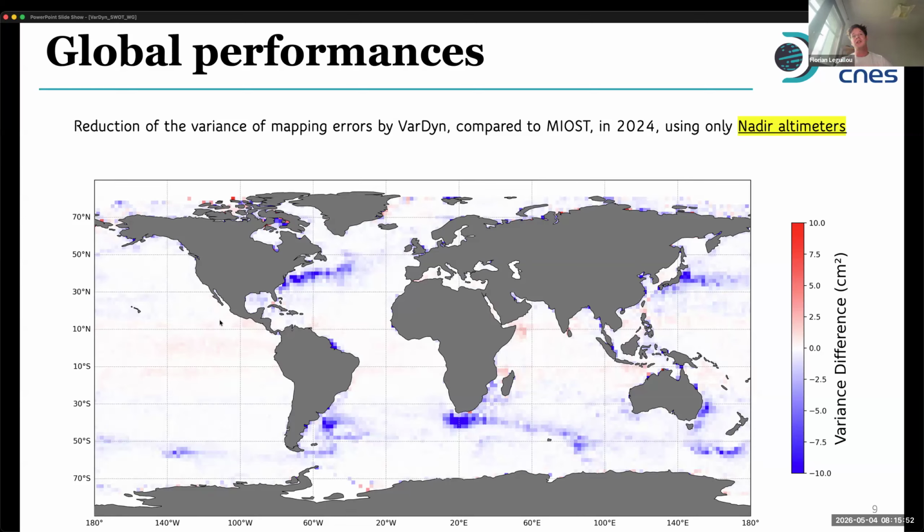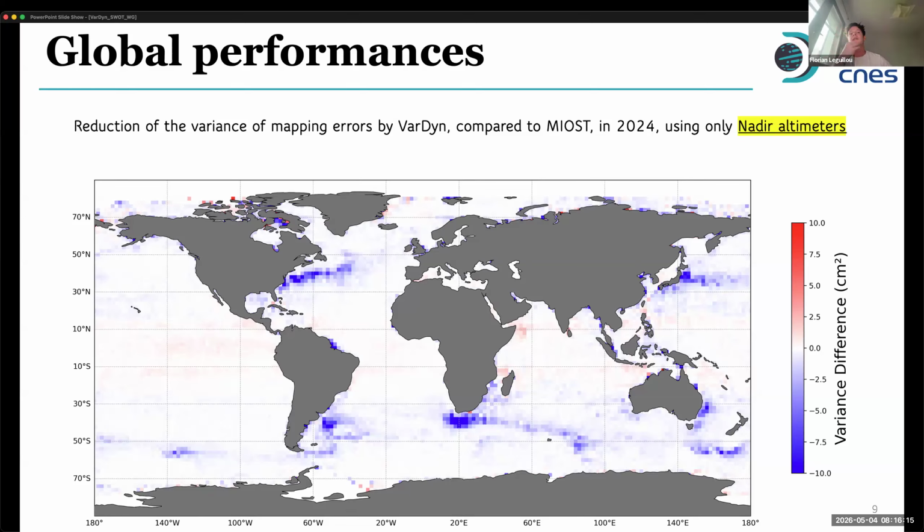It's reddish in the equatorial band, and this is expected because we don't use any models. So it's similar to MIOST, but MIOST uses a special radius basis for the equatorial dynamic that VarDyn doesn't use. That's why MIOST is better.